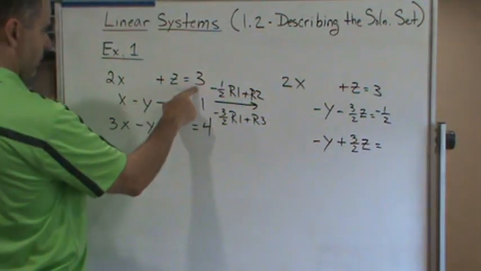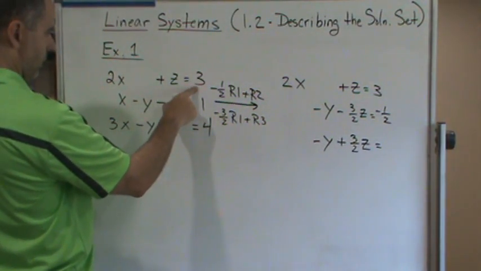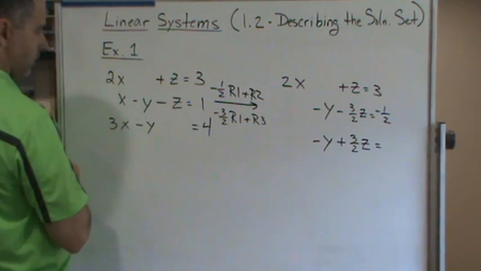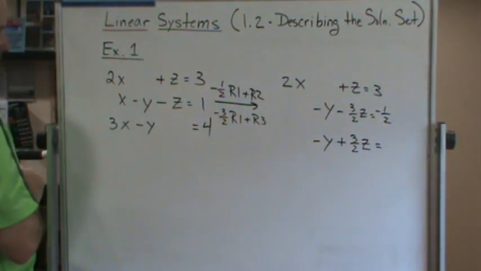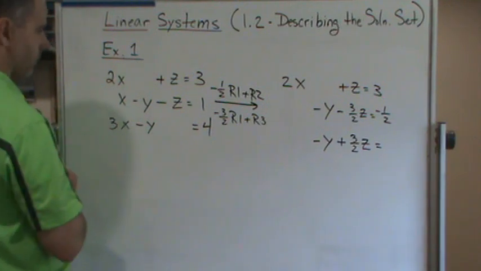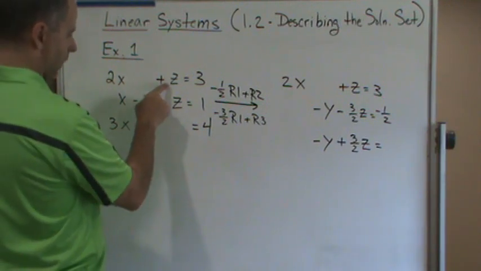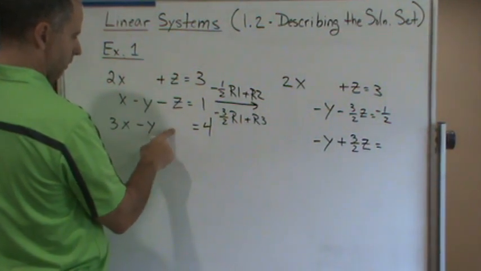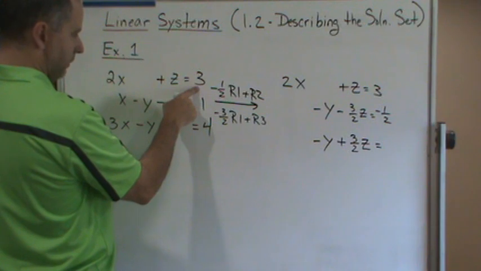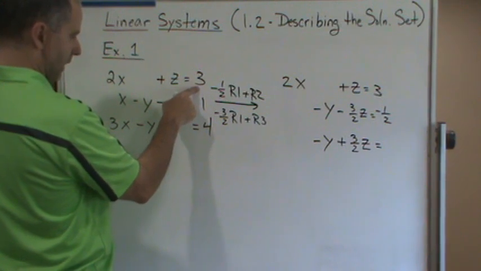And negative 3/2 times this. Just want to make sure I don't make a mistake here, right? So negative 3/2 plus 0, so that's going to just give us negative 3/2 z. Negative 3/2 times 3 is going to give us negative 9/2.